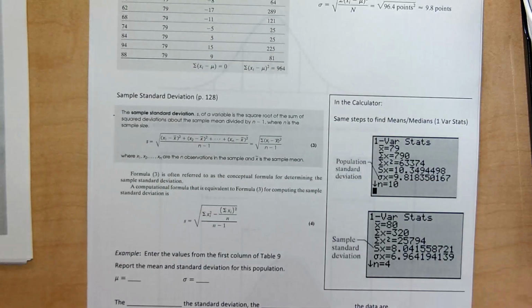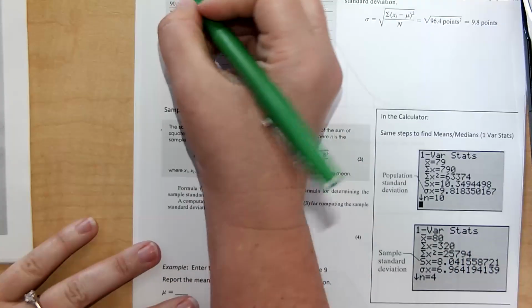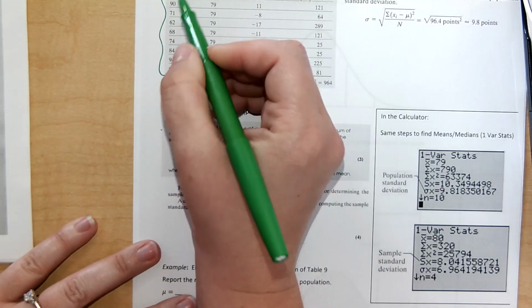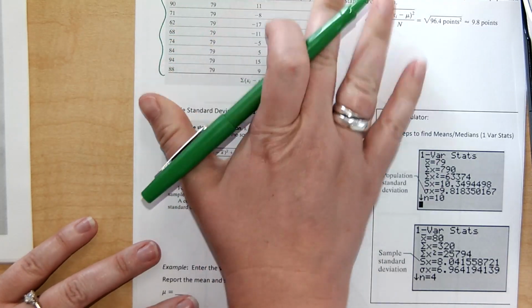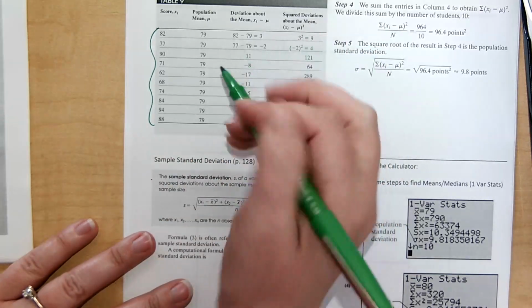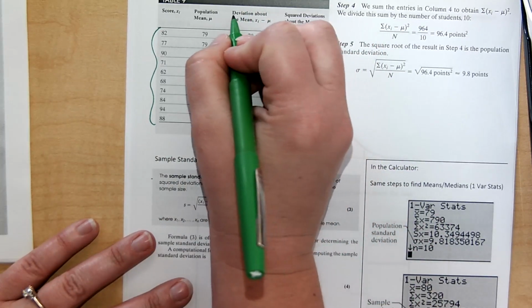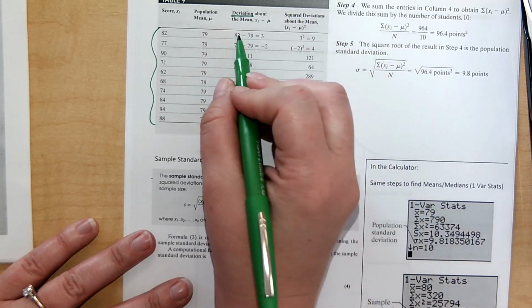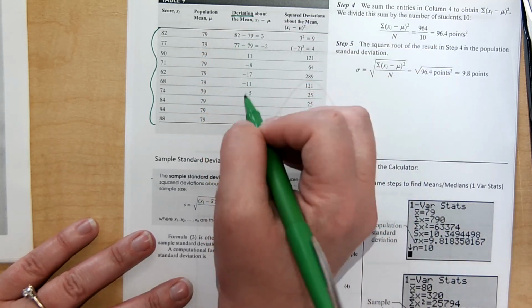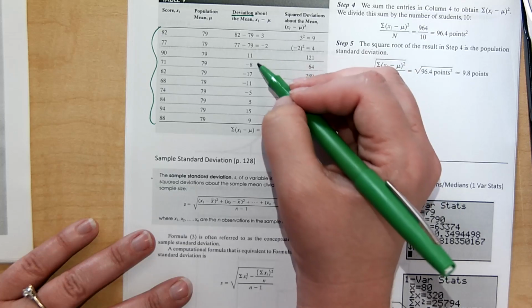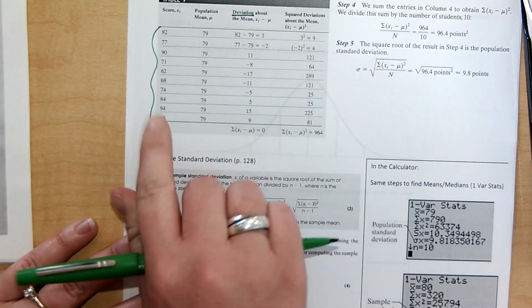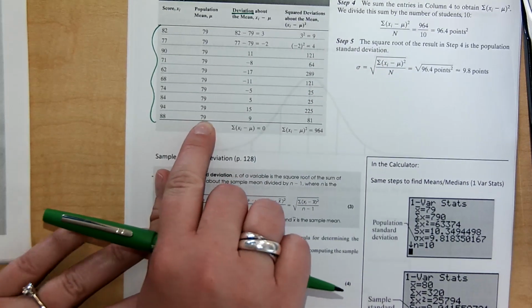So let's look at this for a minute. Again, I don't expect you to do this by hand, but I do want to show you how it's done. These are the same test scores from earlier. So you have your 10 students' test scores. You have your average, which we said was 79. They take the deviation or the difference from the mean, so they subtract, subtract, subtract. They get a bunch of positive and negative deviations, the difference between the score and the average.